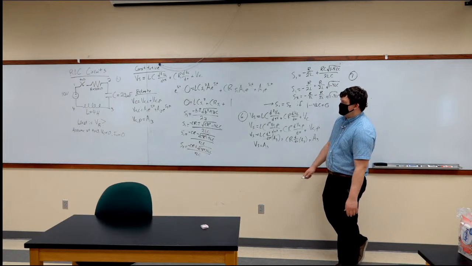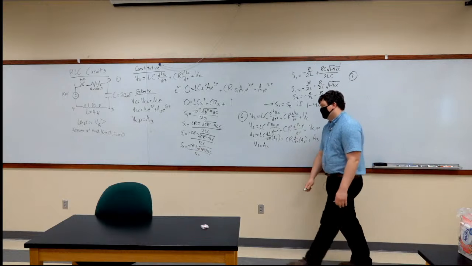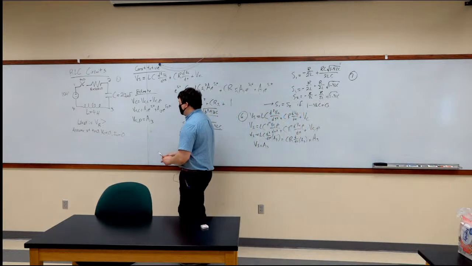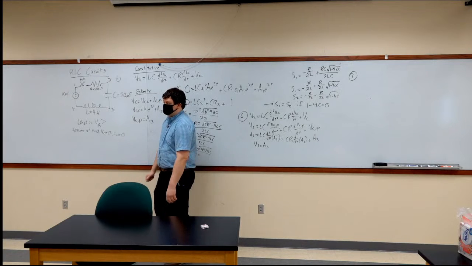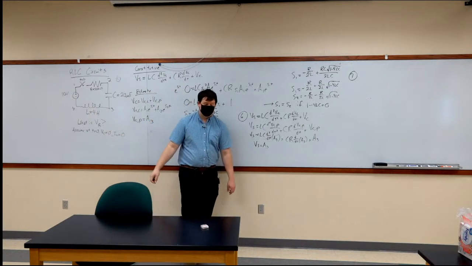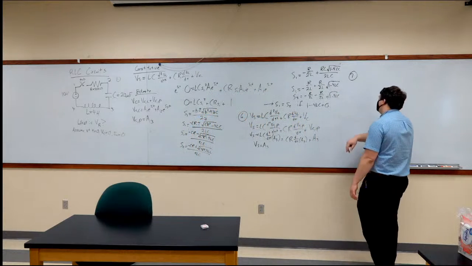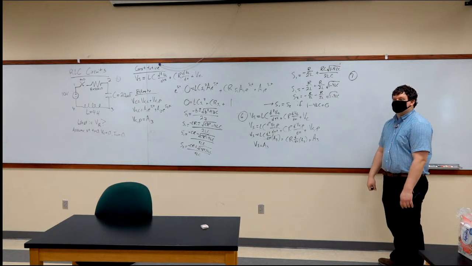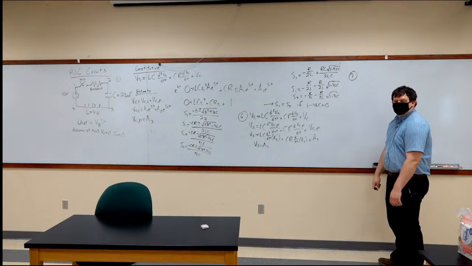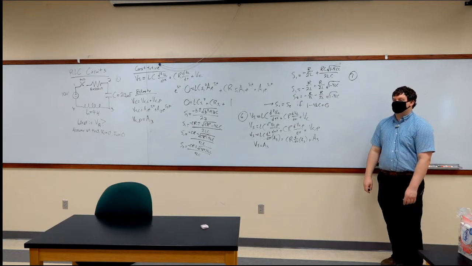What are our initial conditions? I gave you 2. That's a bad sign. Now, the reason why that's a bad sign is because we're going to have to use both of them. And if you notice, only one of those initial conditions has a VC in it.